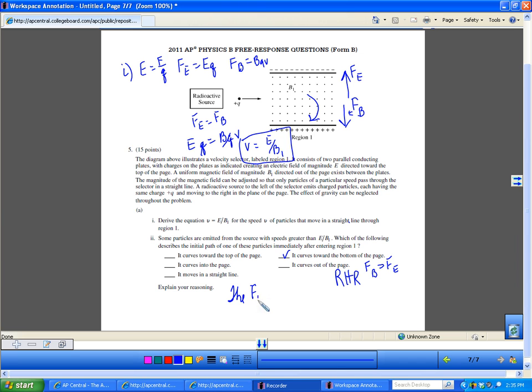The FB is greater than the electric field force. So the particle will move in the direction of the magnetic force, which is down the page.